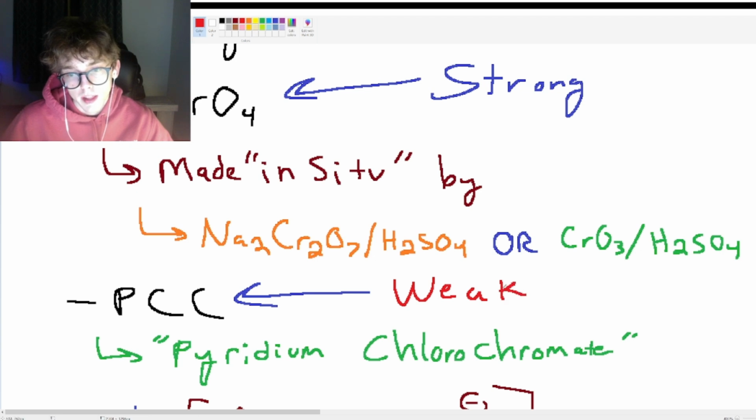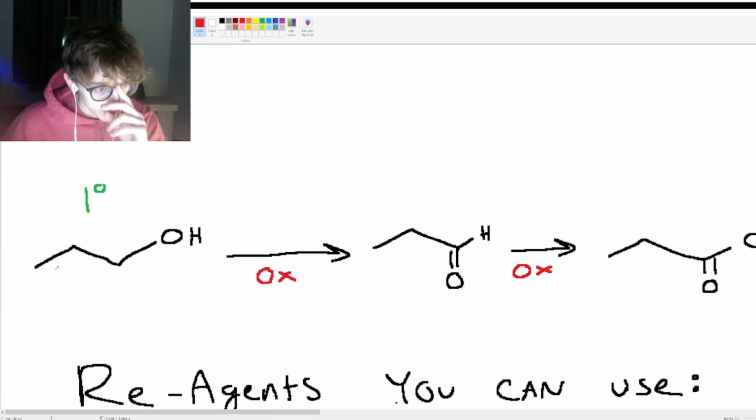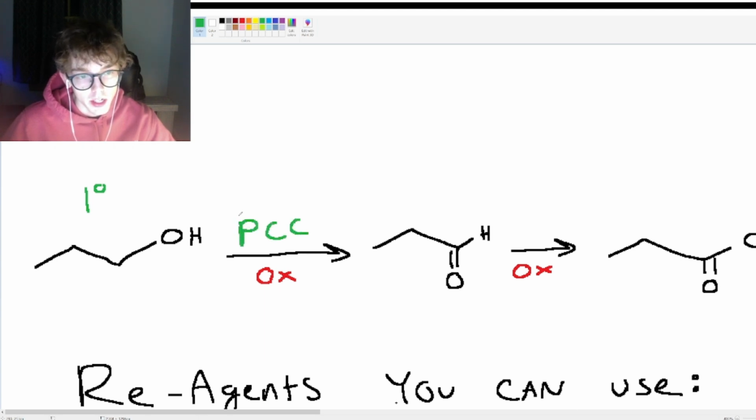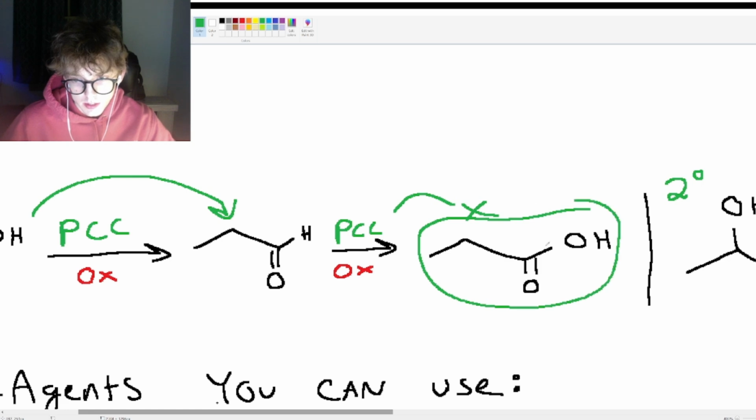So what do I mean by that? Well, if we come back up here, you can see this compound here, our primary alcohol. If we used PCC here, the PCC reagents, we'd achieve this reaction to get an aldehyde. But if we used PCC on the aldehyde, we would not get this product here, the carboxylic acid. We would not get this.